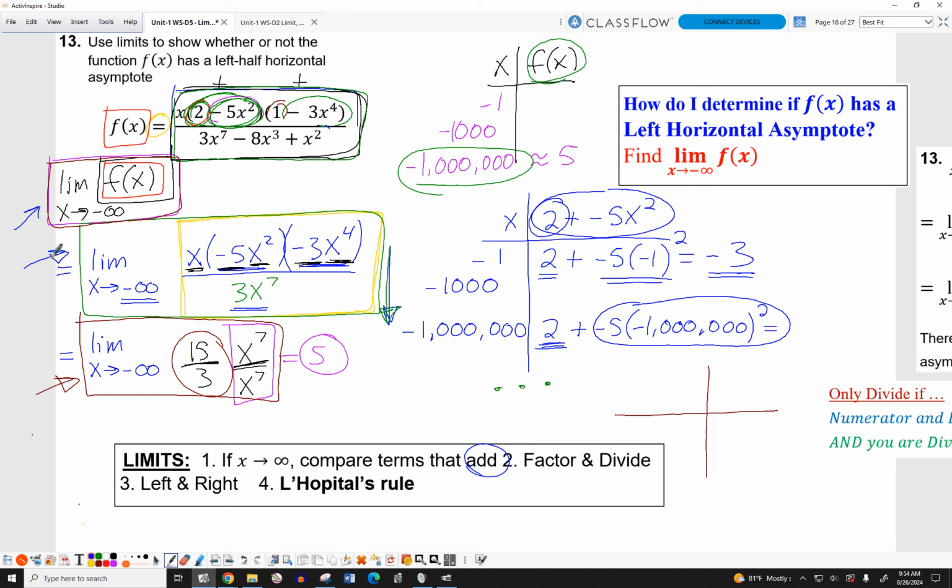Oh, please, Kate. Would the answer to the question just be 5? So the answer would be, we've got 5 there. Oh, sorry, can you read it? So now we have to have a conclusion. So you should still write a conclusion.